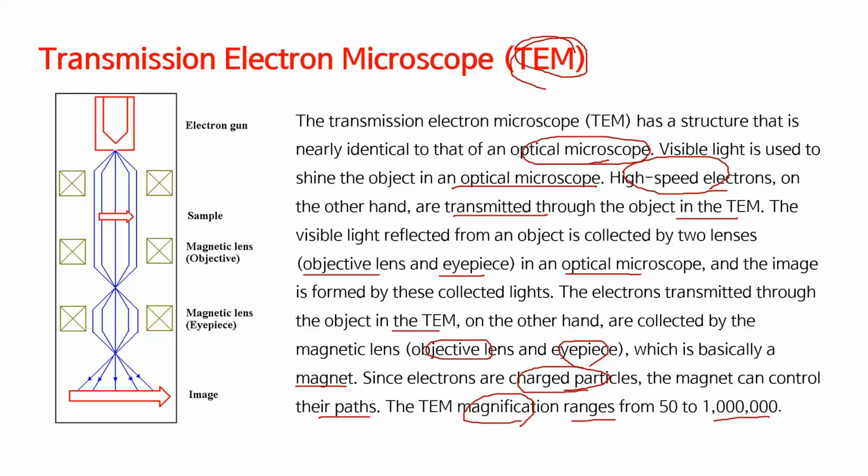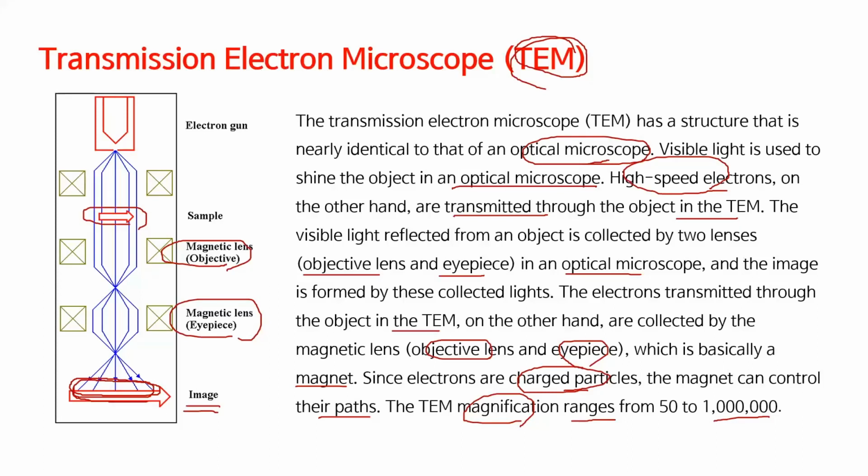So electrons will pass through the sample, and these transmitted electrons are collected by magnet, and these electrons will be collected on the film or CCD to give the TEM image.